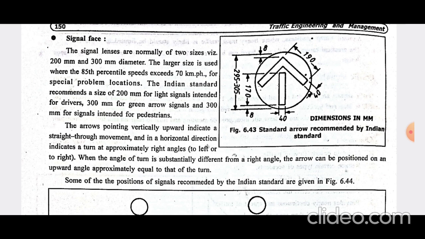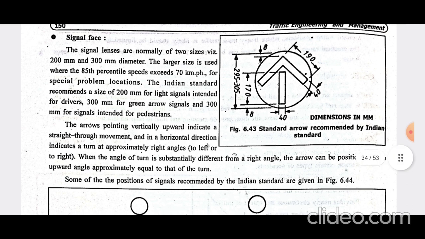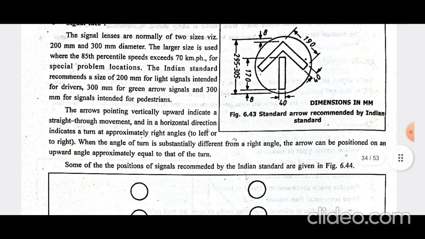So at that particular point there are a number of collisions or accidents. So at that area a large diameter signal is required, and the Indian standard recommends the standard size of the traffic signal as 200 mm diameter, and 300 mm diameter for a green arrow signal, and 300 mm signal for pedestrian.